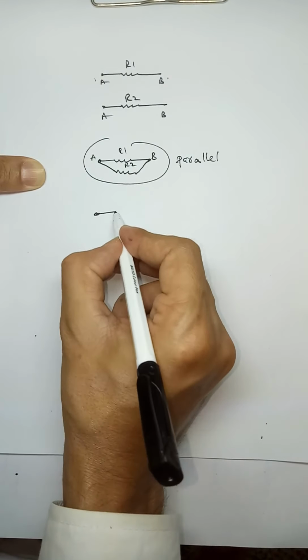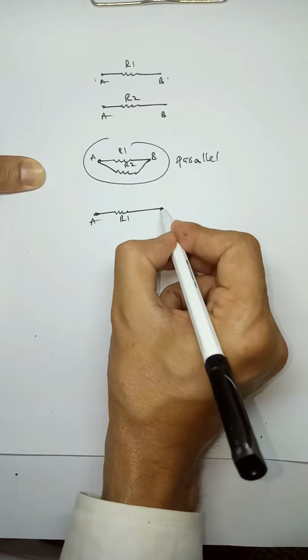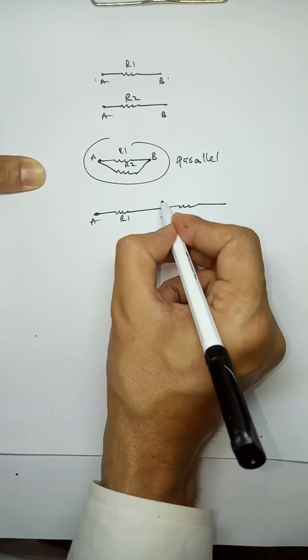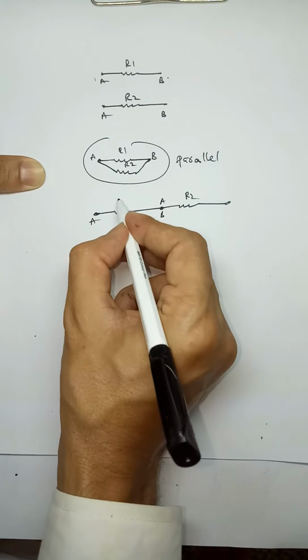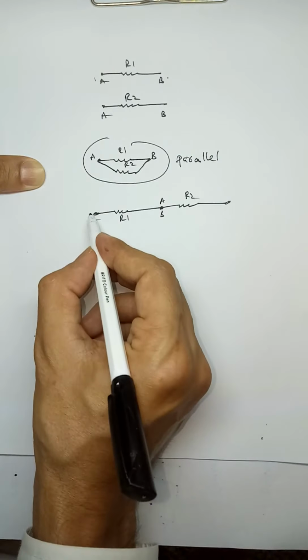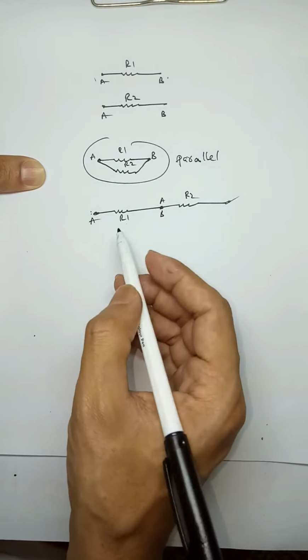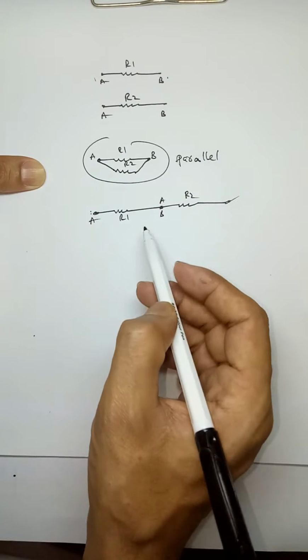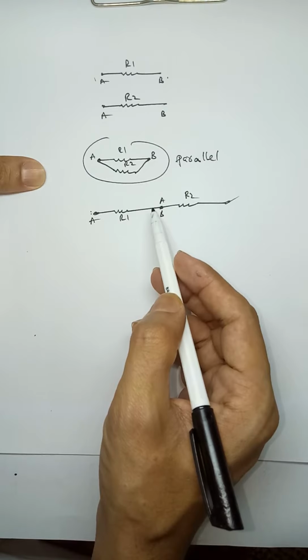And if only one end of one resistor is connected with one end of the other, we will consider this combination as a series combination, and the other two ends are connected with some other element or some other resistance. So you can easily find whether two resistors are connected in parallel or in series.